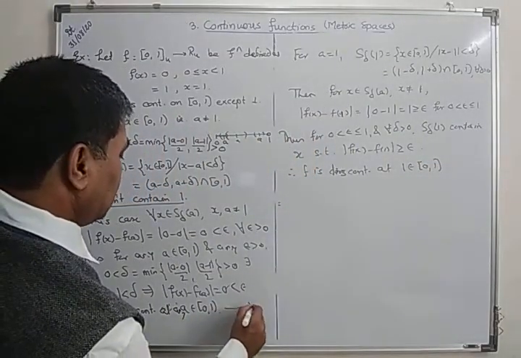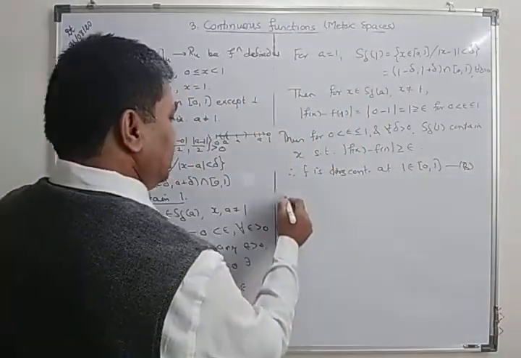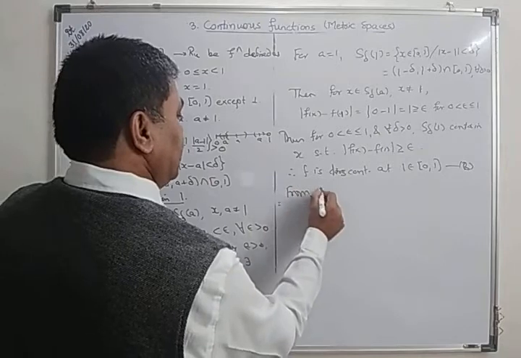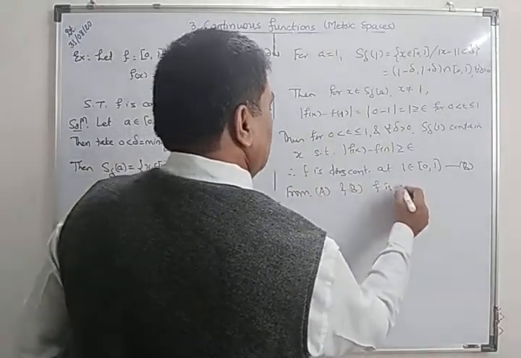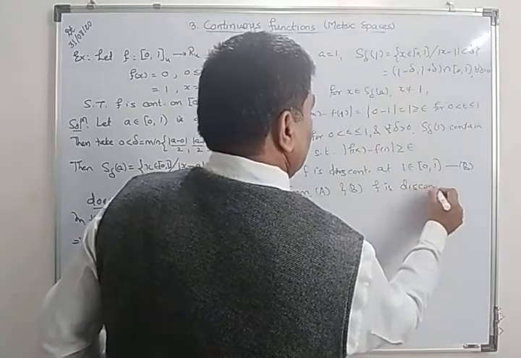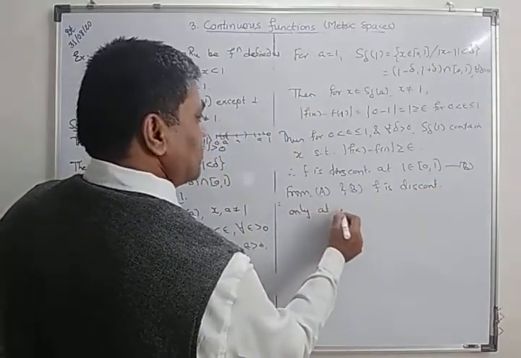So this is my A statement, this is my B statement. From A and B, f is discontinuous only at 1.